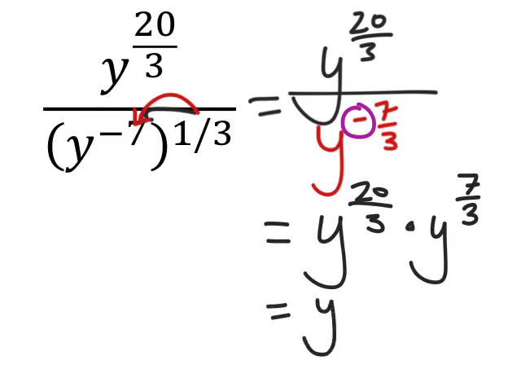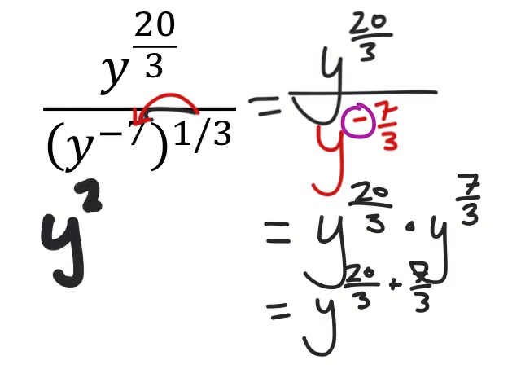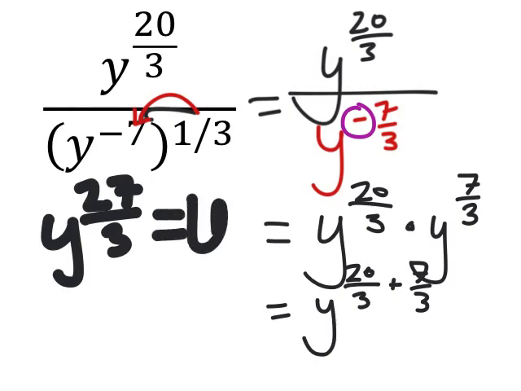Since we have the same bases, we can add the exponents 20/3 plus 7/3, which would end up giving us y to the 27/3. But that can be simplified as well. 27 divided by 3 gives us our final answer, y to the power of 9.